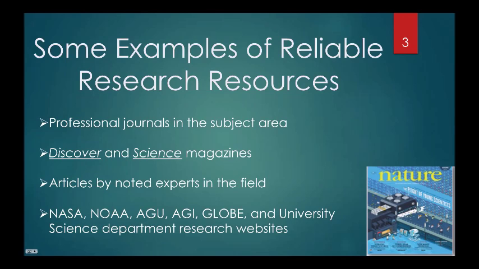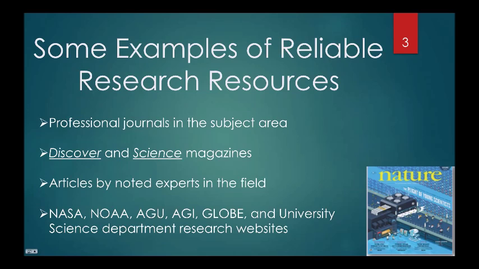Next, some magazines that are reliable resources are Discover and Science and Nature. Discover is a magazine that is good for students, I would say, from grades 5 to 12. If you have a better background in science and a good science vocabulary, you might look at Science Magazine, which has actual research articles in various subject areas of science.